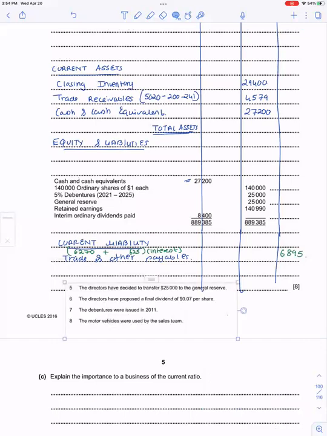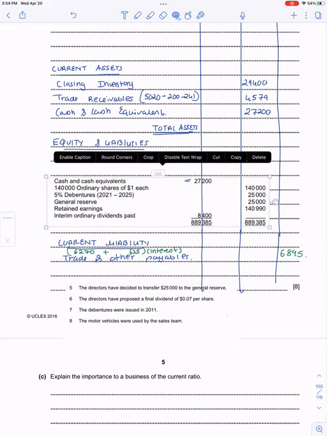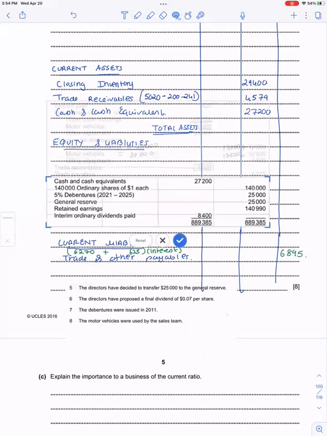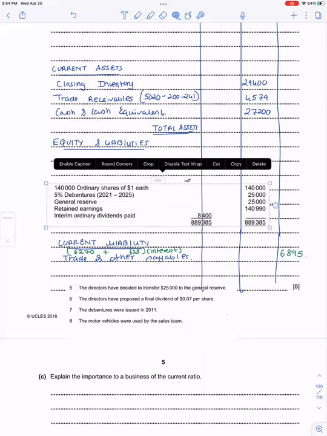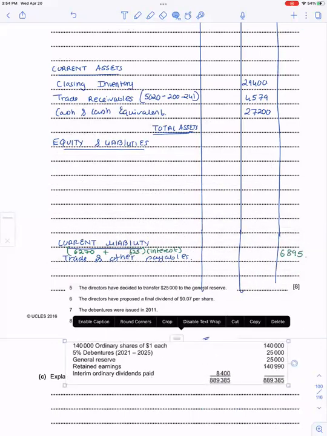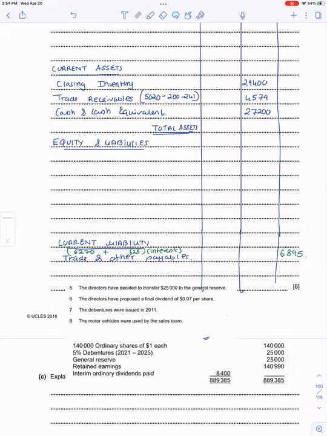Now, most of the things I have covered. Now, only I have to do the equity and liability section. But there are some adjustments in the equity and liability sections. So I have just compiled all the adjustments. There were ordinary shares. 25,000 has been decided to transfer to general reserves.